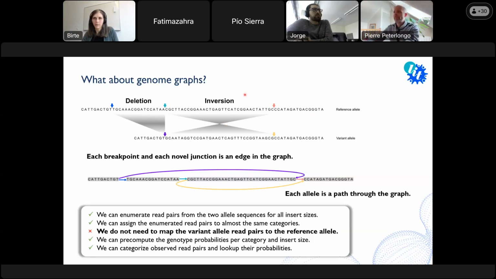What you need for the genotyping approach to work is a path through the graph that corresponds to your alleles, and also the points in the graph that distinguish the alleles from each other. For us it was the edges here. So we use the edges as a basis for defining these categories in the approach. So this is what you need in order to use the approach on a pangenome graph.